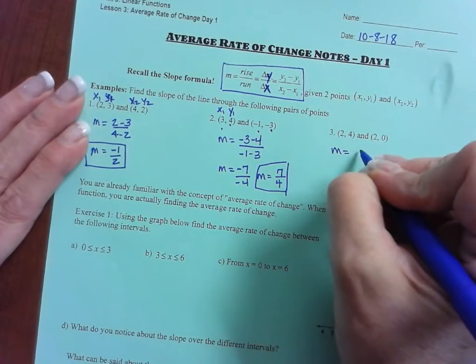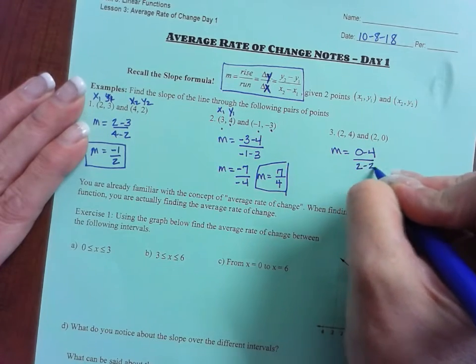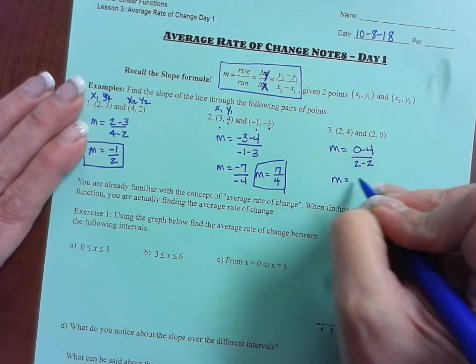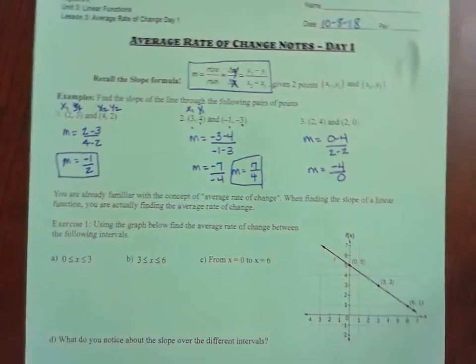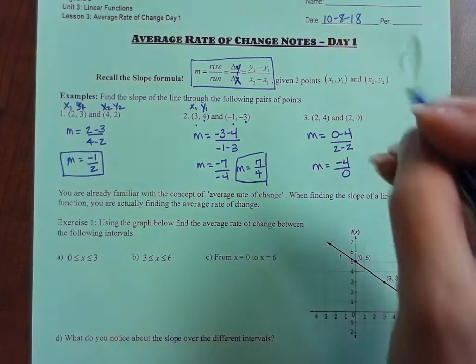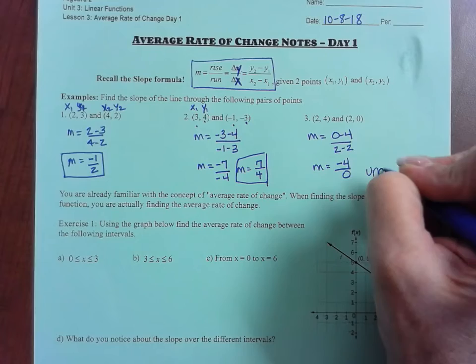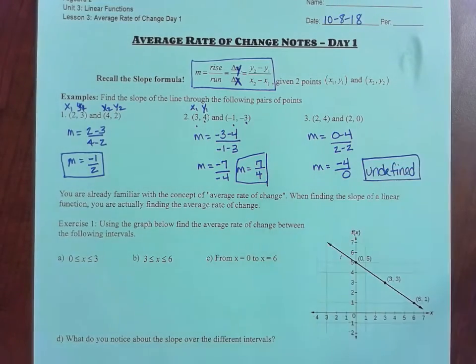I have 0 minus 4 over 2 minus 2, which gives me negative 4 over 0. What kind of slope does that make it? Undefined. Okay? Don't forget, if 0 is in the top of the fraction, then it's a 0 slope.